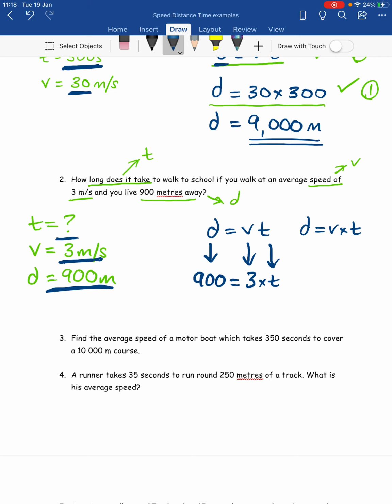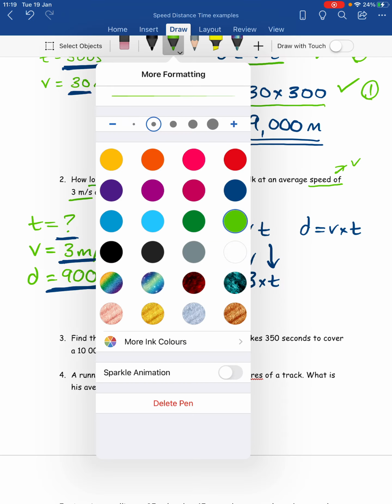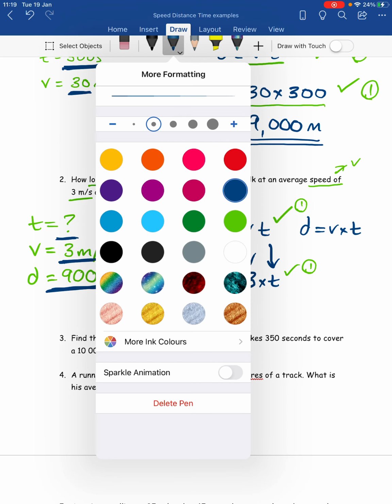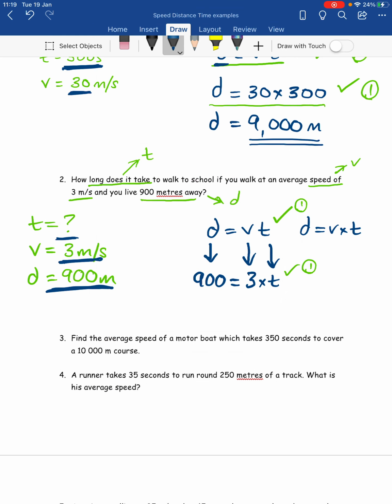Now if I do nothing else for this problem, even if I write no more after this line, I'm still going to get this mark and I'm going to get this mark. So I've already got 2 out of 3 without having to do anything else. What I need to do now is I want the time by itself.